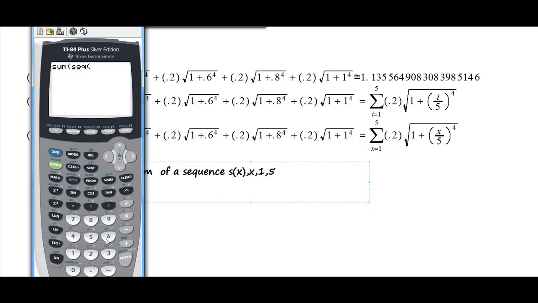And then my sequence is defined by the square root of 1 plus x over 5, to the power 4. And then we have x here, and then we are going from 1 to 5, and let's see what we get.